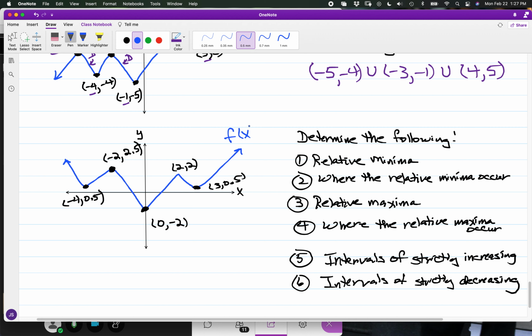So for this function, f of x, let's see what we get for the relative minima and maxima, and also where both types of entities occur. And also, let's see what we get for the intervals where f of x is strictly increasing and also where it is strictly decreasing.